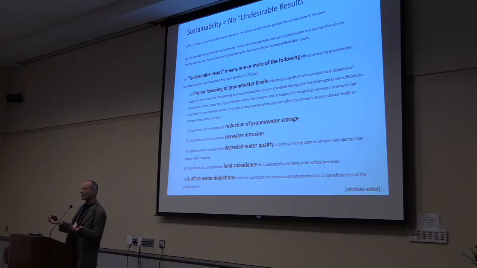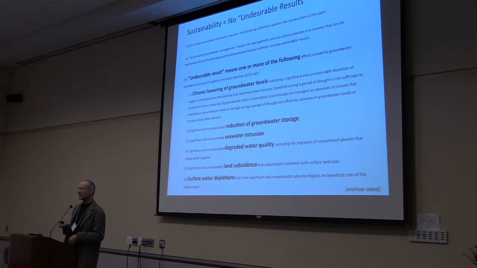Now, the key question is, of course, what is sustainable? And the legislation was relatively specific, but not precise. The key piece the legislation says is that sustainability is the absence of undesirable results.